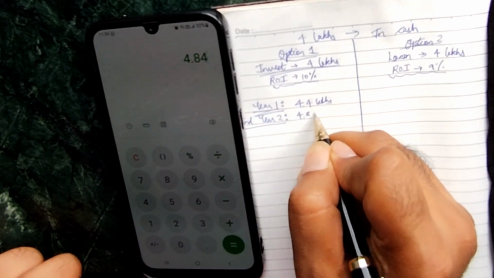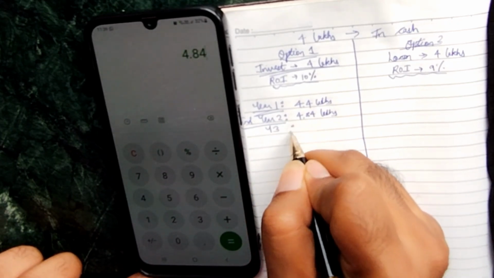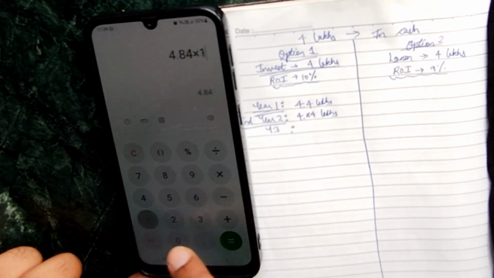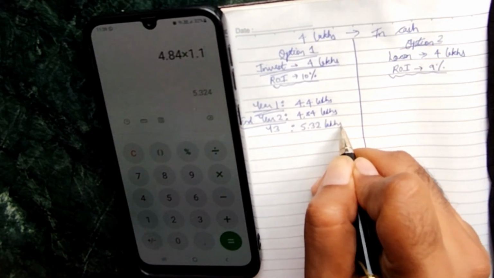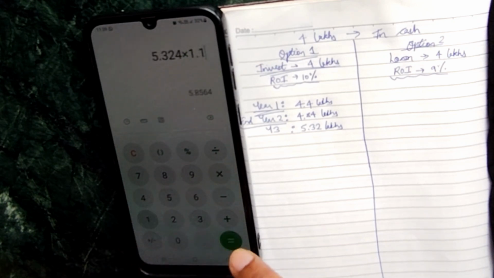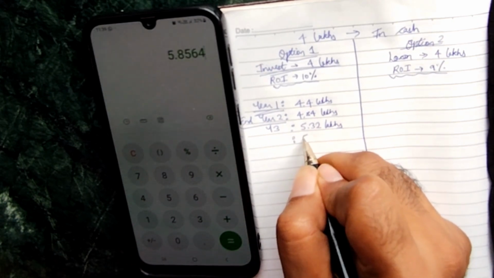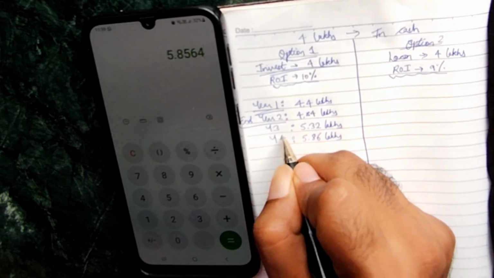So at the end of the second year he gets 4.84 lakhs. At the end of year 3 he gets 4.84 into 1.1, which is 5.32 lakhs. And at the end of year 4 he gets 5.32 into 1.1, which is roughly 5.86 lakhs.